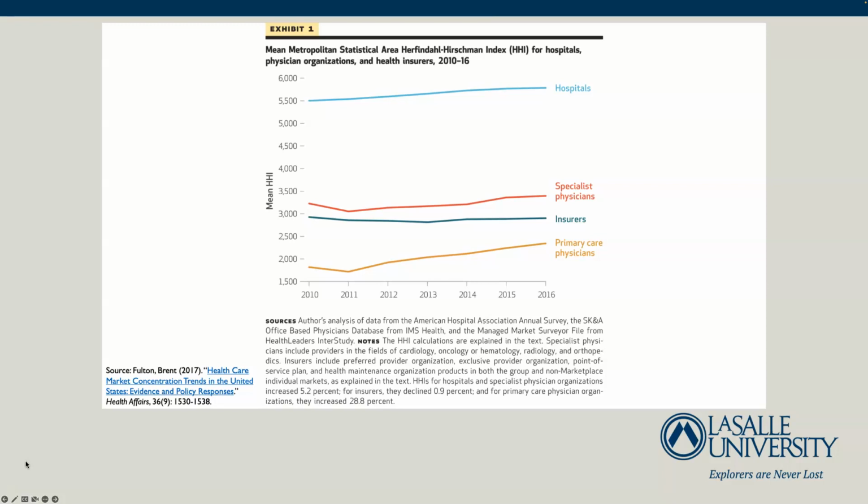Especially the growth of hospital systems acquiring smaller or independent hospitals. And that's why we've seen the HHI for hospitals grow over time. But this has also been the case for specialist physicians, insurers, and primary care physicians in recent years.